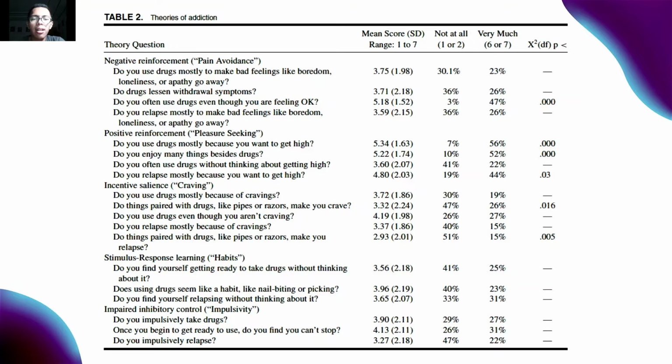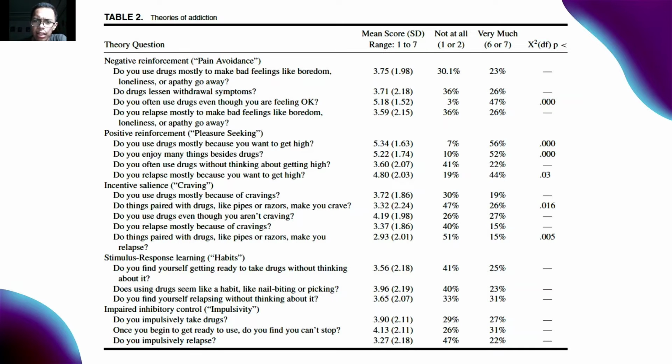However, 56% of respondents reporting that they used drugs due to positive reinforcement, comprising 52% of the total sample, also responded very much to the question, do you have many things besides drugs? This suggests that reinforcers other than methamphetamine remain effective for most participants.